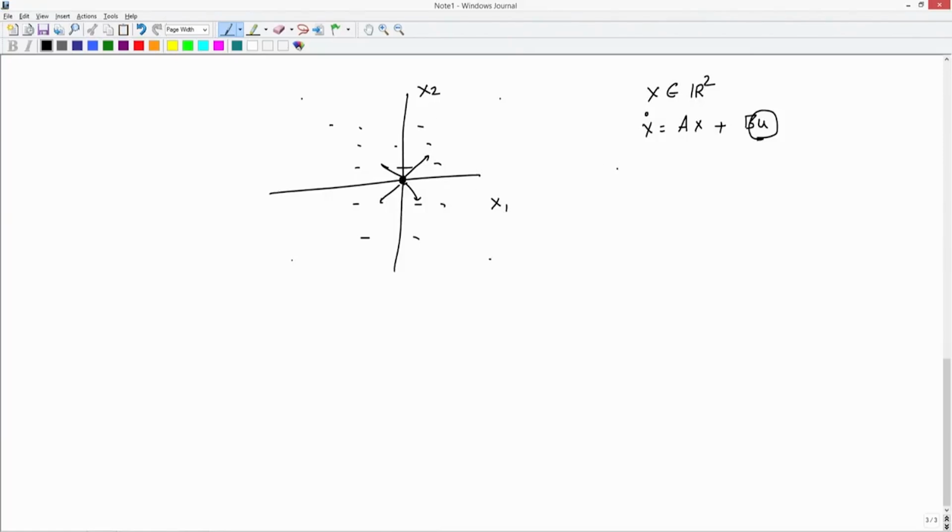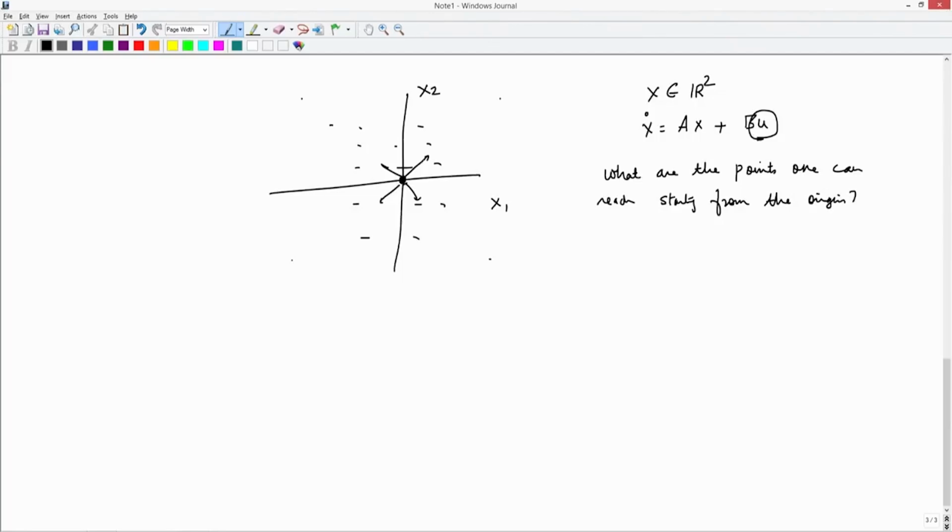So, if I ask a question, what are the points one can reach starting from the origin, with application of appropriate control?